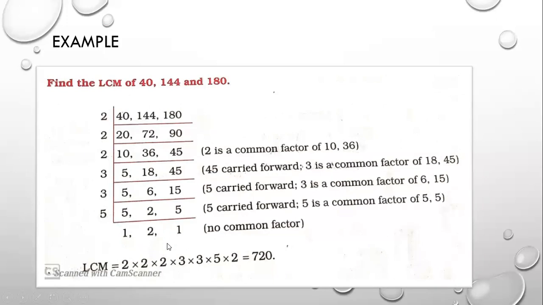This number also you have to multiply. So the result is 720. So the LCM of the numbers 40, 144 and 180 is 720. This is how you find the LCM of any given numbers using the division method.